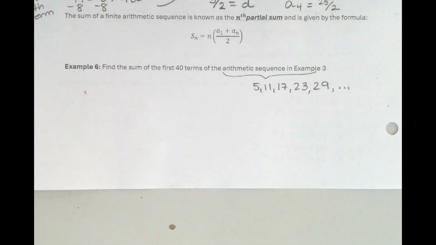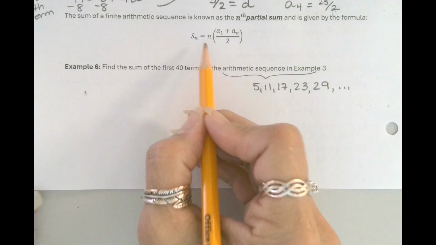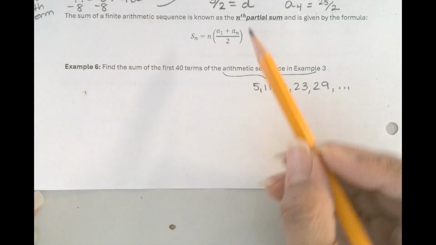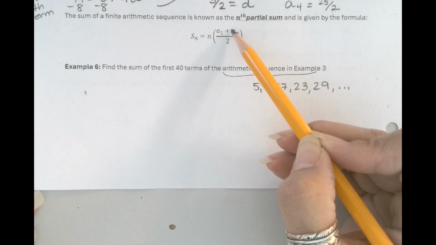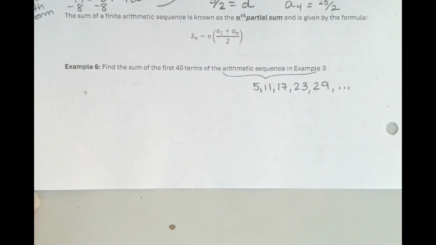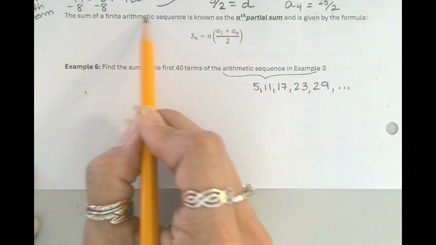Okay, last concept for today. The sum of the finite arithmetic sequence is known as the nth partial sum, and it is given by this series formula, S sub n equals n times the quotient of a sub 1 plus a sub n over 2. N still stands for the number of terms. A1 is the first term, A sub n is the last term of that finite arithmetic sequence.